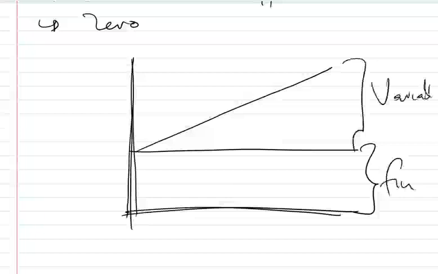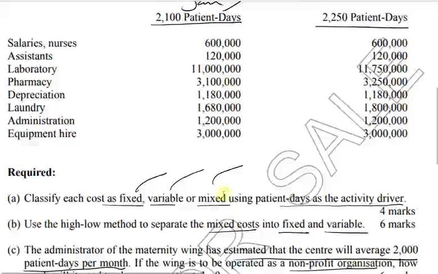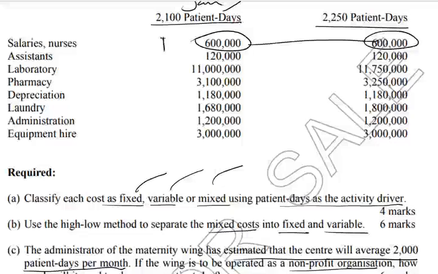So just a reminder: for us to identify if it is a fixed cost, the total cost will be the same. For example, we have 600 here, 600 here. That means this is a fixed cost. Here, 120, 120, fixed cost. It's 11 million here, 11 million 750 here.